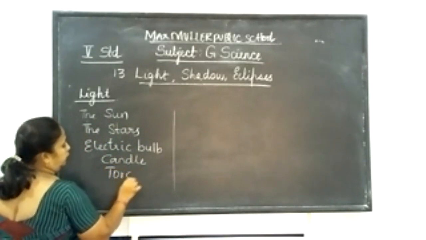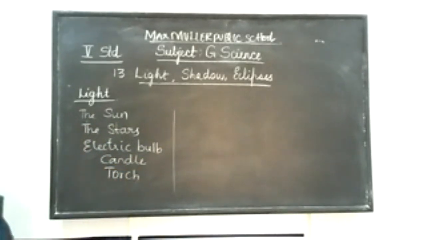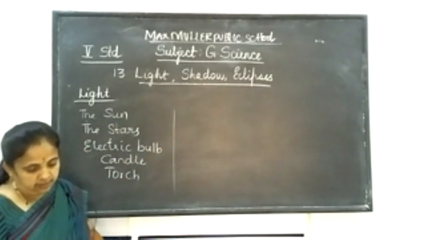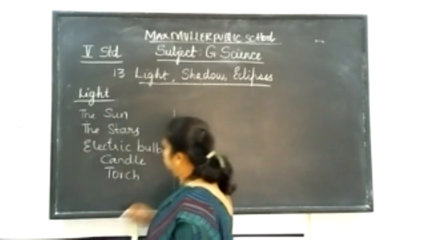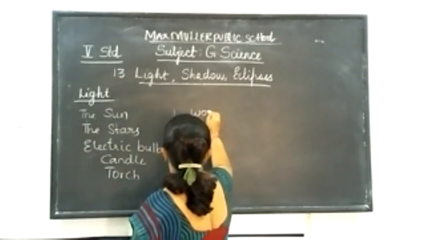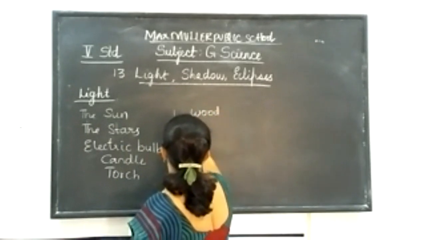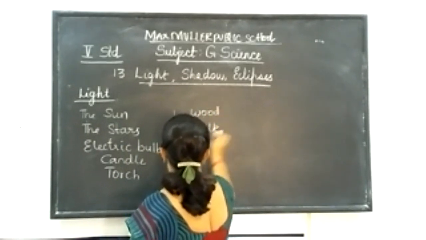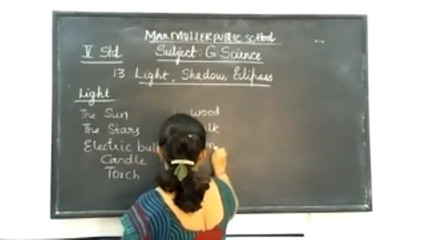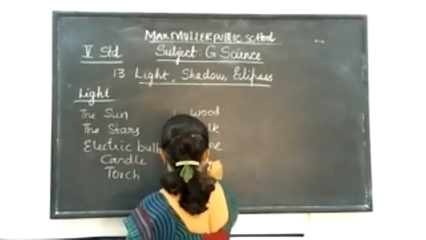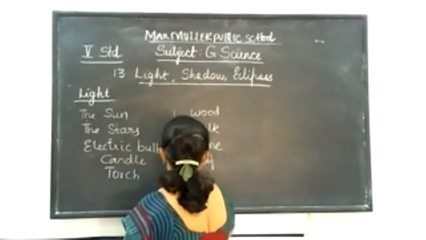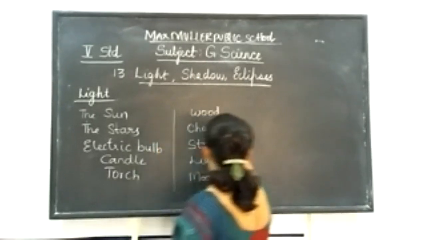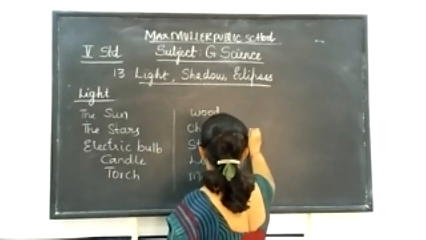So in the first column, I wrote all these things. In the next column, I would like to write wood, chalk, stone, leaf, moon, earth. So many examples.